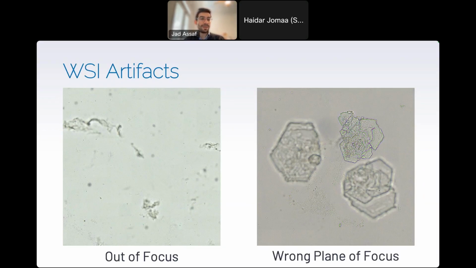Some samples may be out of focus when we take the image on a microscope, but also we can have different material that's present in different planes in this microscope. And this can lead to us not being able to image all the material, all the sample, everything that's present in that sample, such as the image here on the right.